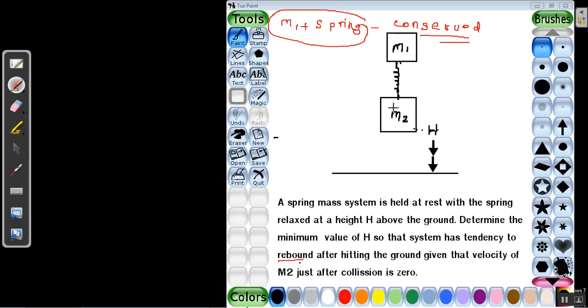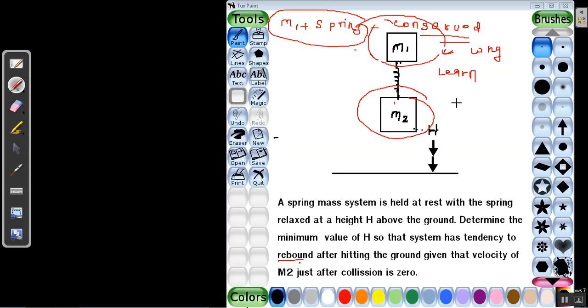Okay guys, so this energy is going to be conserved: m1 and spring, not m2. The energy of m2 is not going to be conserved, but the energy of m1 and spring is. You should think why. If you get your answer, you will learn a very important concept of collision.